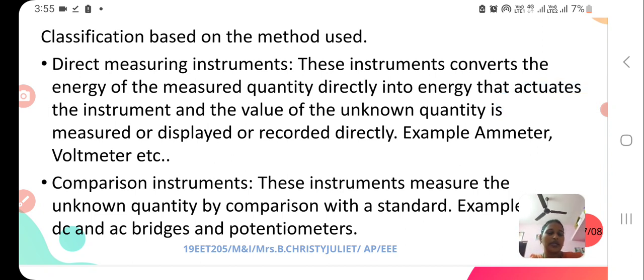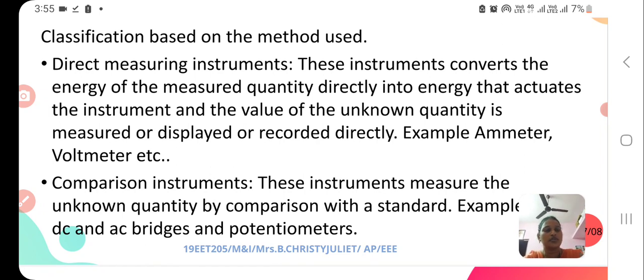For example, in an ammeter, the input current is converted into a mechanical motion using a variable conversion element, and then the output is given directly by the movement of a pointer.